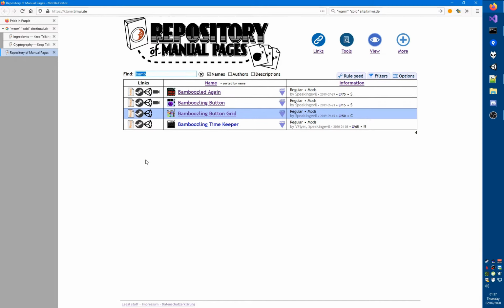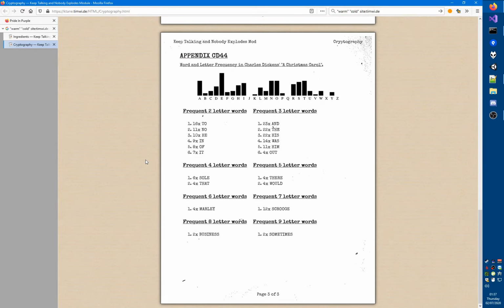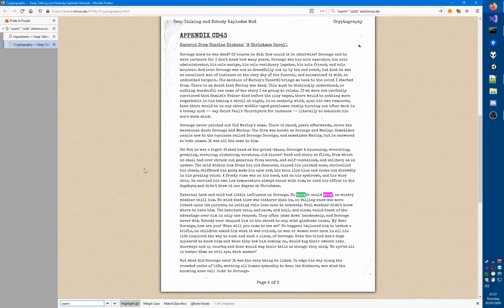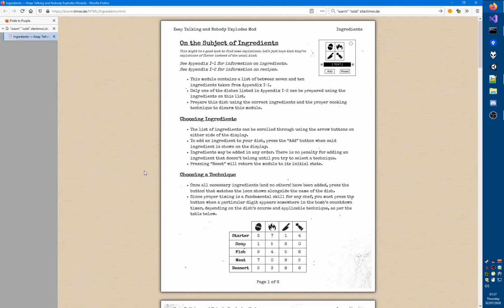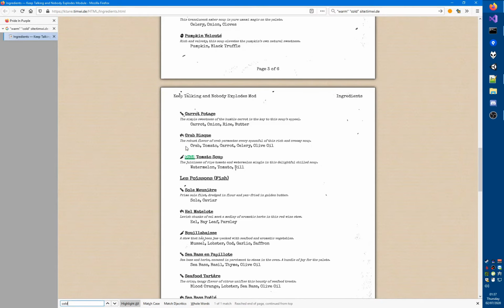That was probably just fresh in my mind because I was playing that on the module showcase recently. Yeah, the word warm just comes up in a random place here in Cryptography, so I don't think that's relevant. And here it's just the name of one of the recipes, and similarly cold.